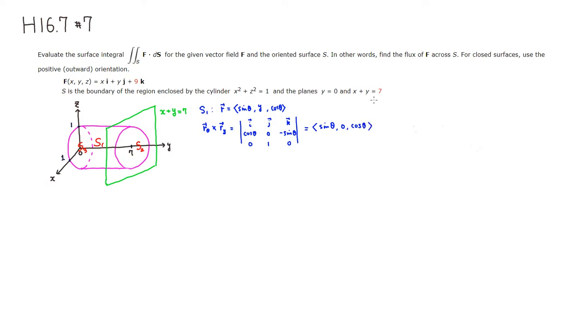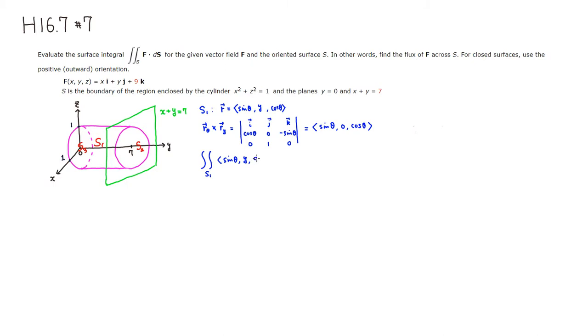If you want to compute this integral, we have a double integral over S1. F is going to be, since x is sine of theta, sine of theta, then the second component is y, and the third component is 9.